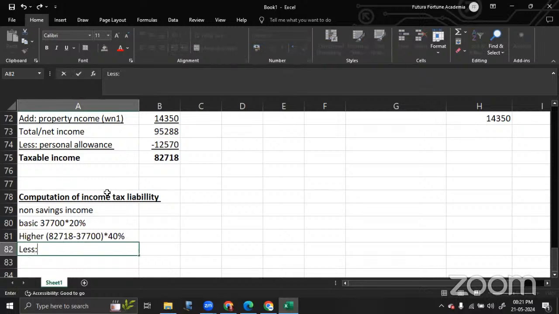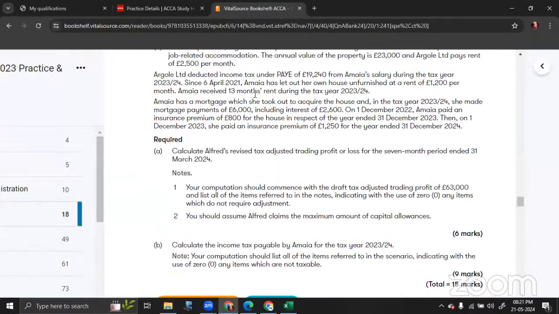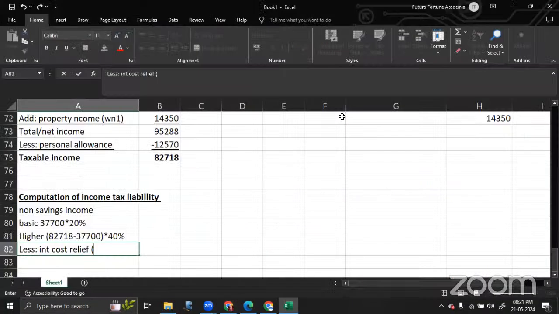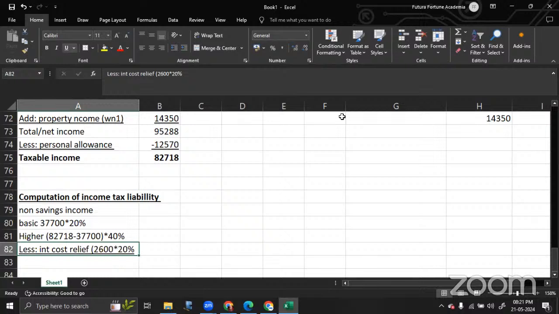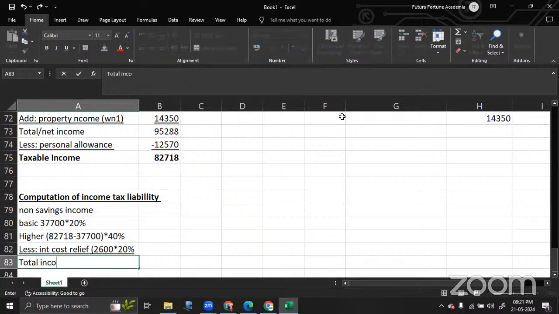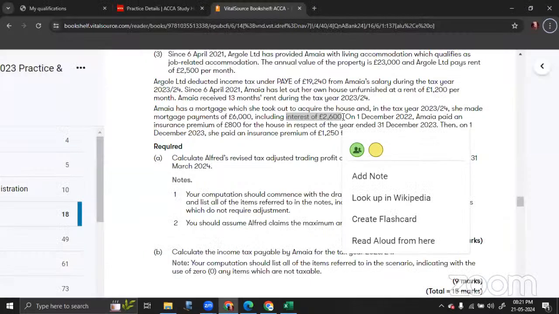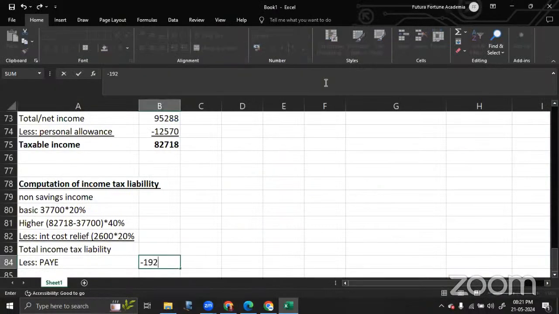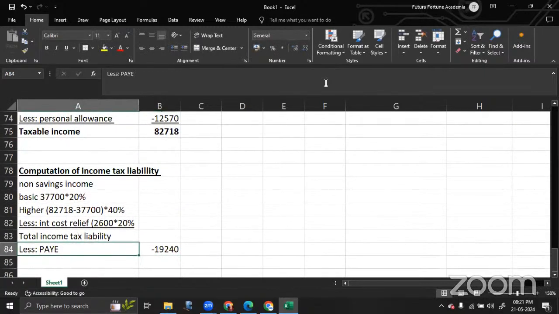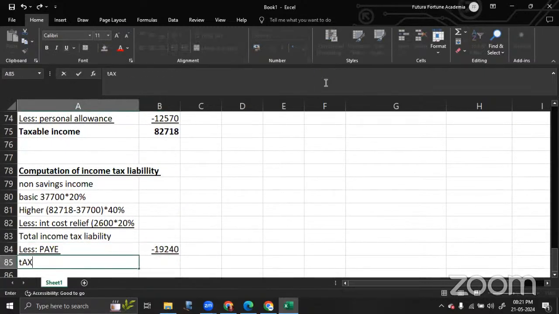From this, you have to make an interest cost relief, which is equal to the amount of interest that you've paid on the property, which is 2,600 into 20%. And finally, you will get your total income tax liability. And from this income tax liability, you will have to deduct PAYE, which is directly given in the question. PAYE figure is 19,240. So you will get your tax payable.